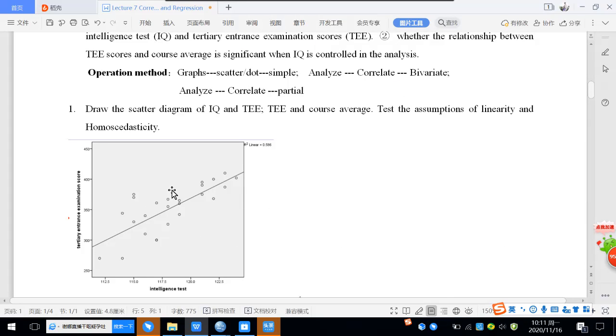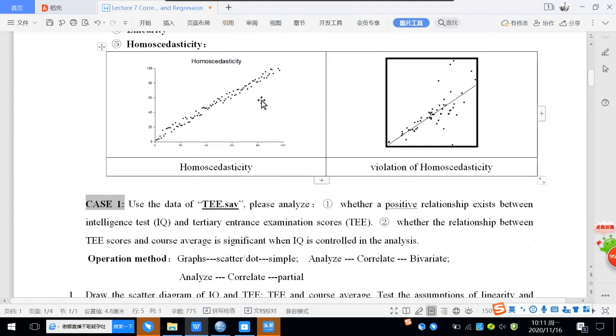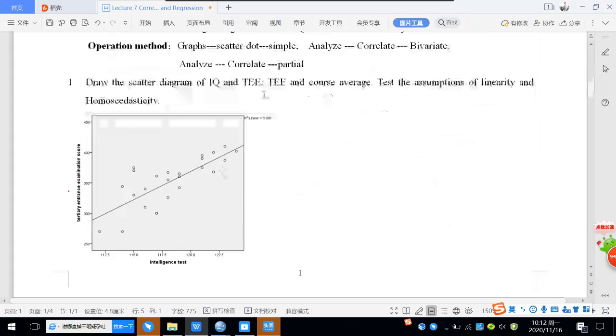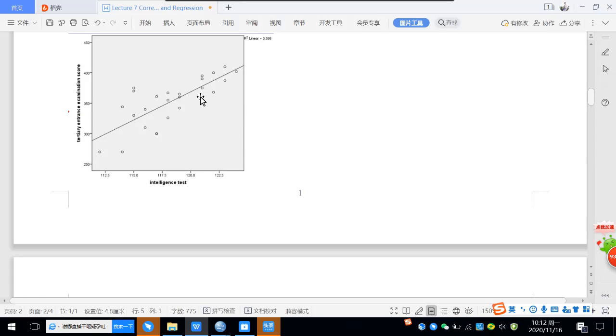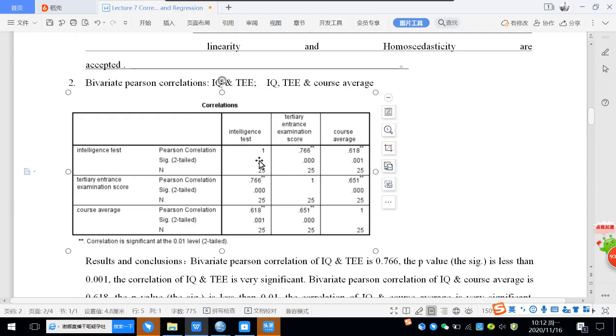So this correlation will be higher than this one, and they are all positive linear correlations. Okay, understand? The value will be from -1 to 1.